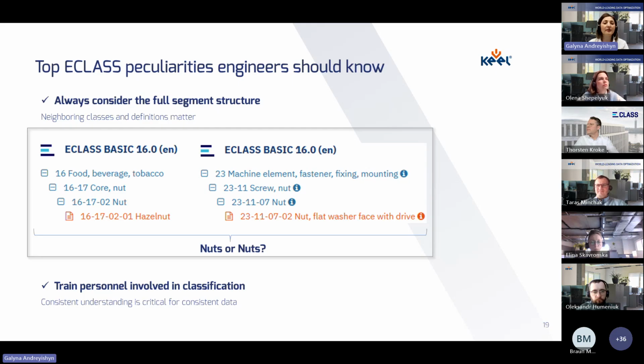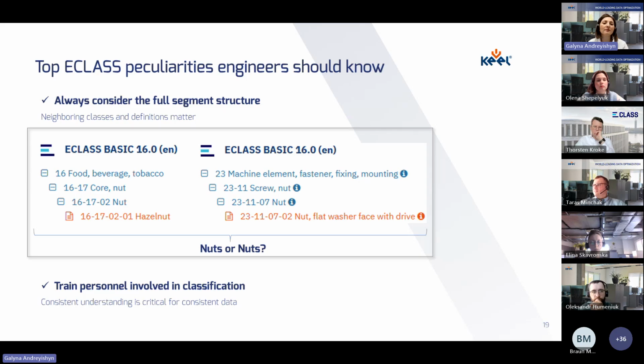One is a food product and the other is a mechanical fastening element. Context, segment structure, and definition must always be reviewed before assigning a class. This point is especially important when working with machine learning and AI tools, where semantics are really critical.